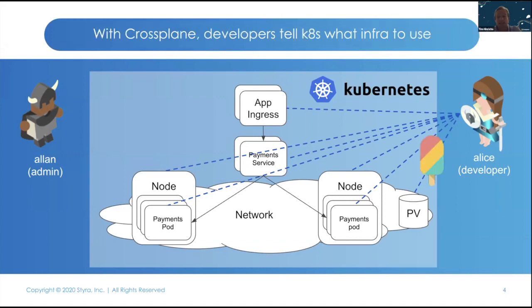And what's pretty exciting to me, what I love about Crossplane, is that it allows developers to also tell Kubernetes what infrastructure to use to run their applications. And so from a single API, from a single user experience, you can control both the applications and the infrastructure it runs on, which is pretty powerful and important.